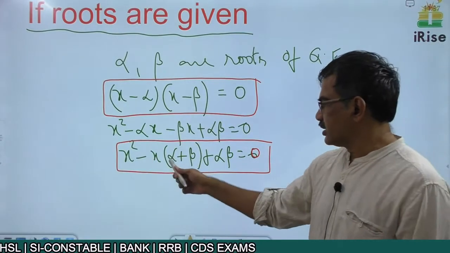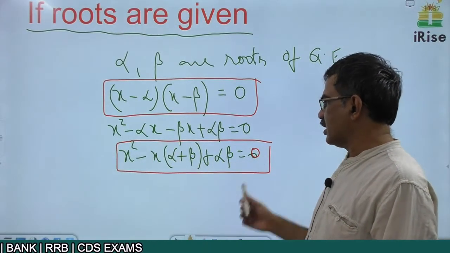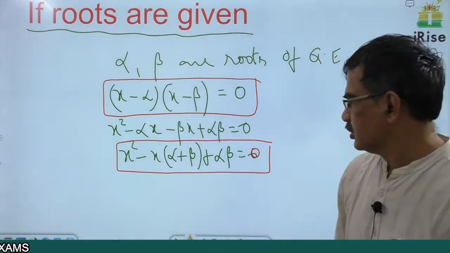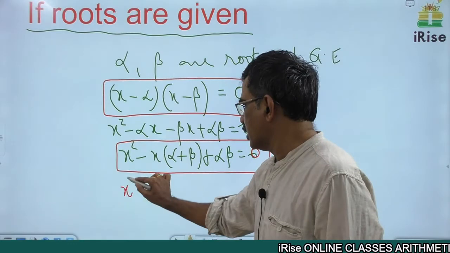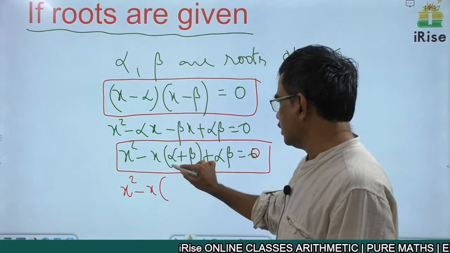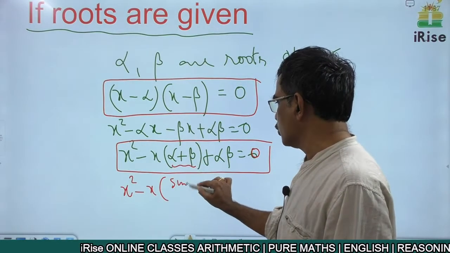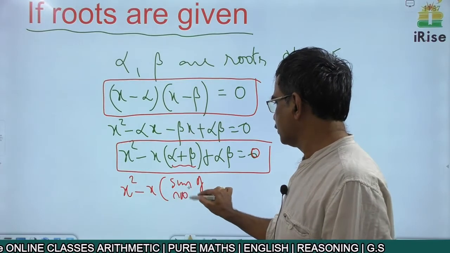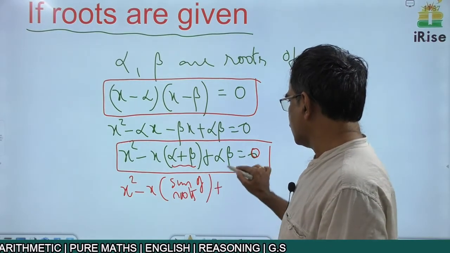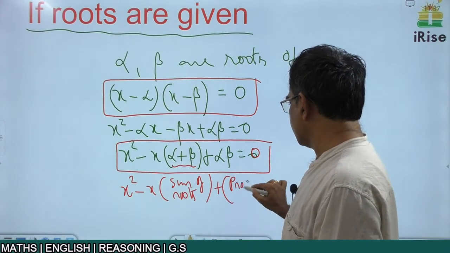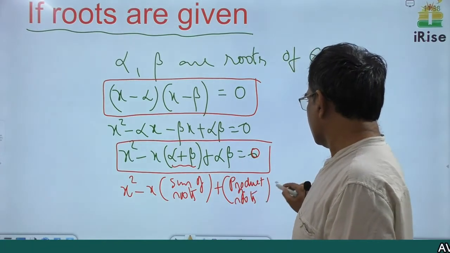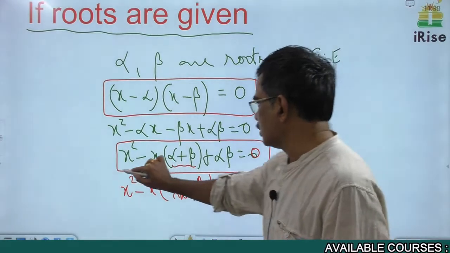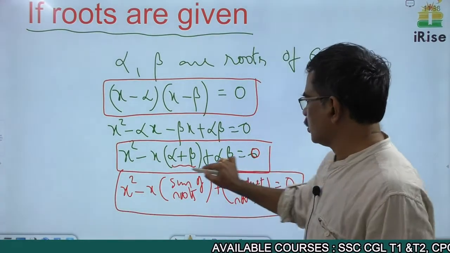And this can also be written as x square minus x into, what is this one? This is nothing but sum of roots, and this is nothing but product of roots, is equal to 0. So this is also the quadratic equation.